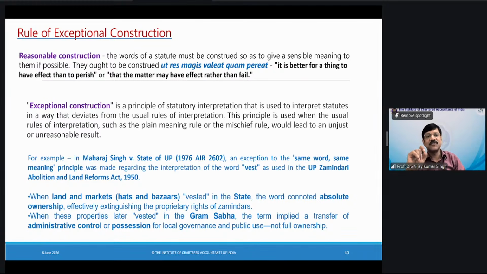If you have specific questions, it becomes more interesting for me to answer, and that serves your purpose also. Because interpretation, as I told you in the beginning of the lecture, is a very vast subject. You have to read many case laws and try to understand how this works. Some basic rules and principles I have tried to explain. Any questions you have, I will be happy to answer.